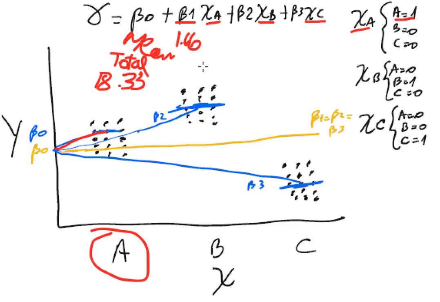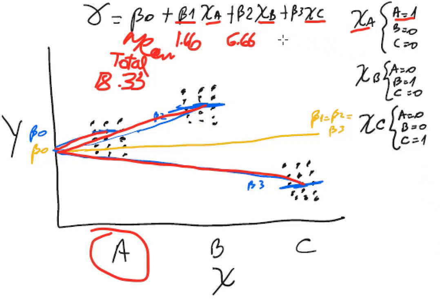Beta 2 is the increase from the mean total to the mean of B, so from 18.33 to 25. So that would be 6.66. And beta 3 is the increase from beta 0 to the mean of group C, which is 10.